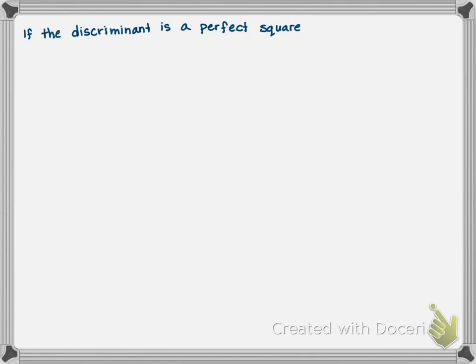It's amazing to me they don't teach this in high school. It's like the coolest thing in the whole wide world. I mean, maybe not in the whole one. Yes, you see, somebody learned it. So if the discriminant is a perfect square, then ax squared plus bx plus c is factorable.